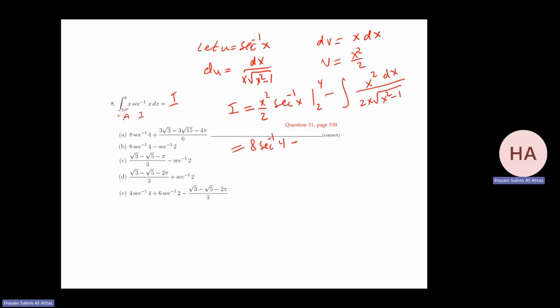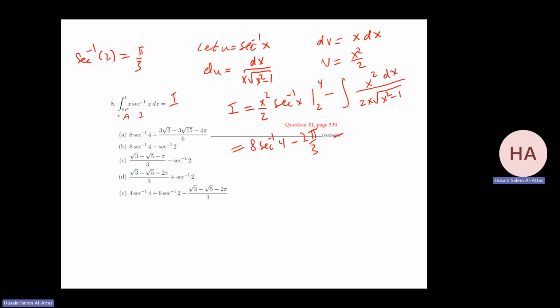That will be pi over 3. So that will be minus 2 pi over 3. I know secant inverse of 2 is pi over 3, since cosine pi over 3 is half, so secant pi over 3 is 2.